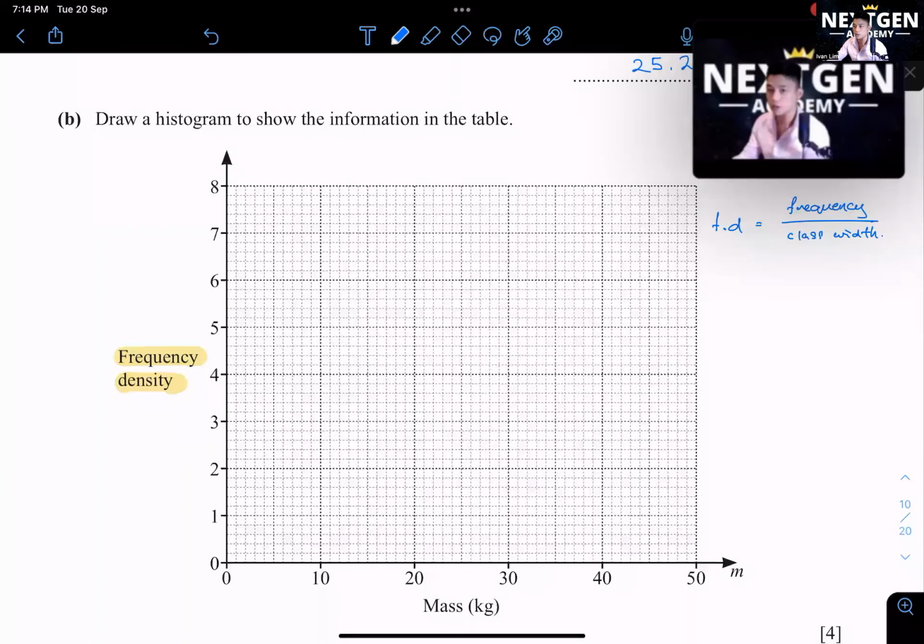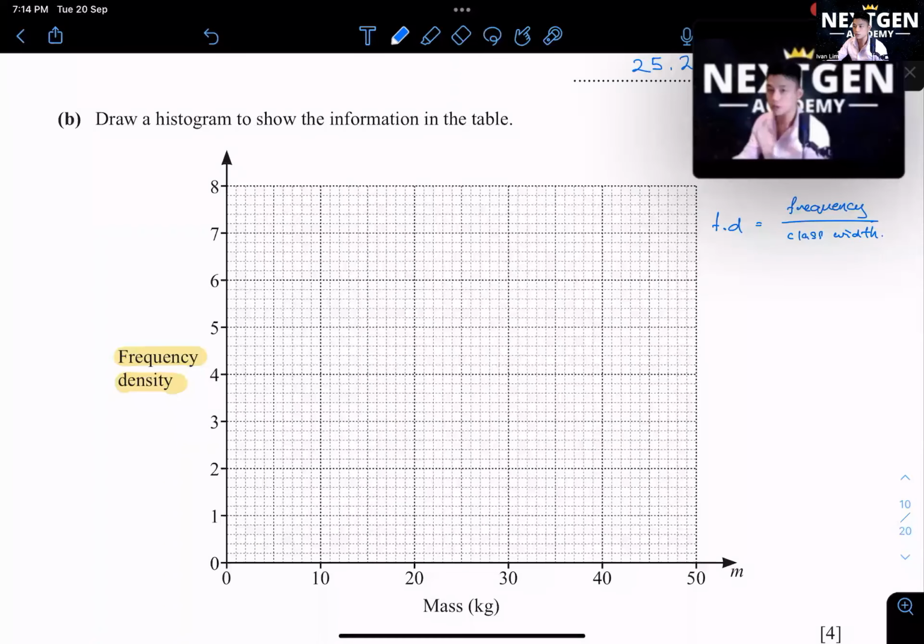I just label on top. So 1.2, 3.8, 6.4. Then 25 to 40, 3.3, somewhere here. Then 40 to 50, 1.8.